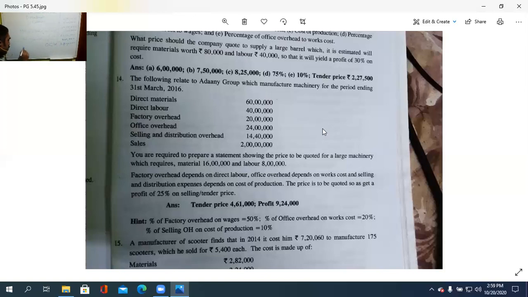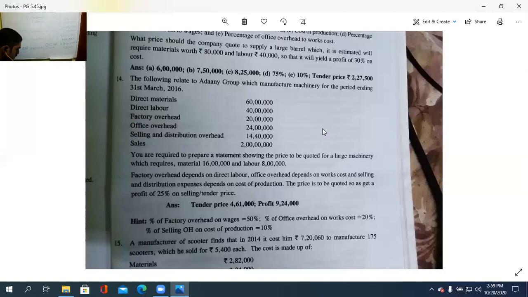Selling and distribution overhead is 10% of this. So S&D overhead is 10% on COP. This is 10%, so 3,36,000.